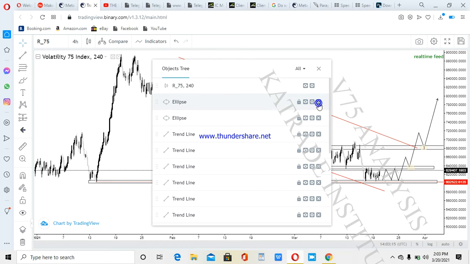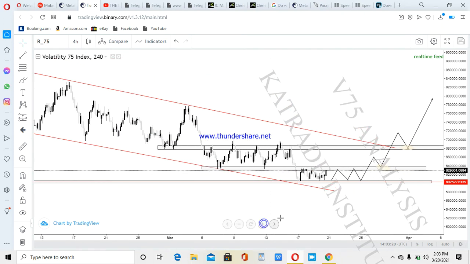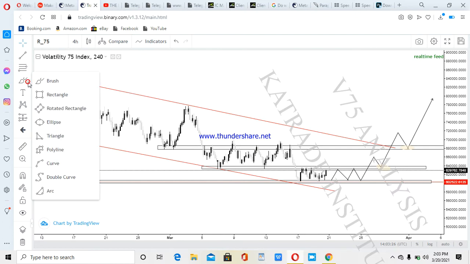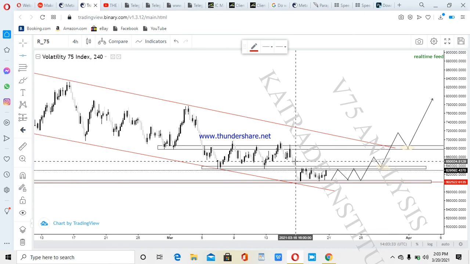Sellers are also sitting around that zone. Look at here. We can clearly see that price fought a lot because there's liquidity here. Let me try to show it well. Look at here.